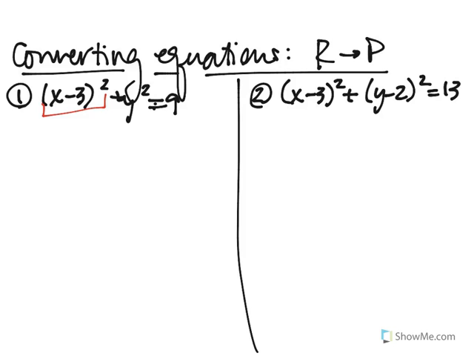Now x minus 3 squared, is that x squared minus 9? No, that is ridiculous, right? It's the same thing as doing x minus 3 times x minus 3, which we know is going to be x squared minus 6x plus 9. And then I carry everything else down, plus y squared equals 9.